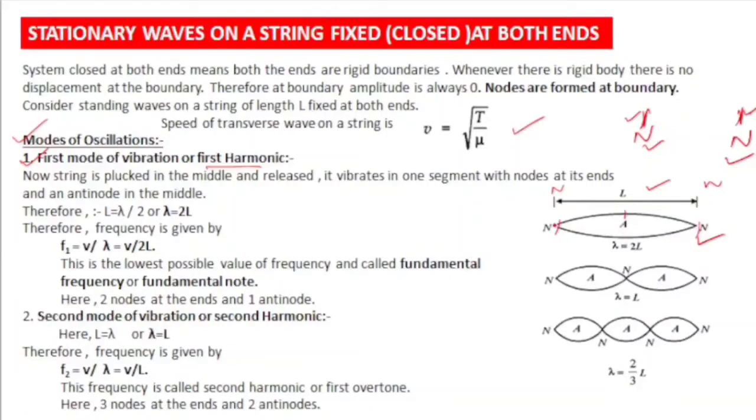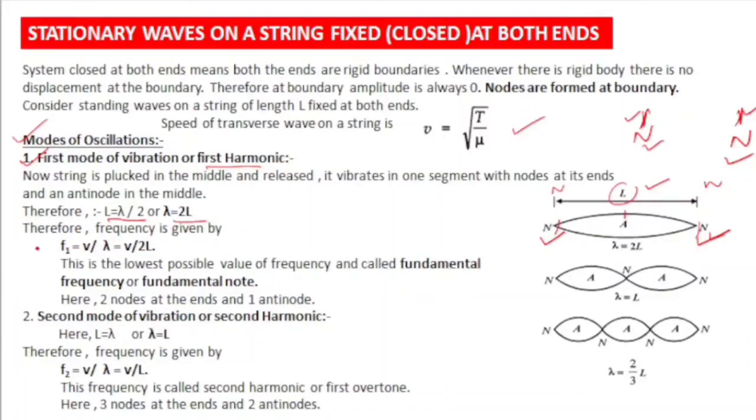The string is of length L, and the distance between two consecutive nodes is always lambda by 2. So L is equal to lambda by 2, or lambda equal to 2L in the first mode of vibration.